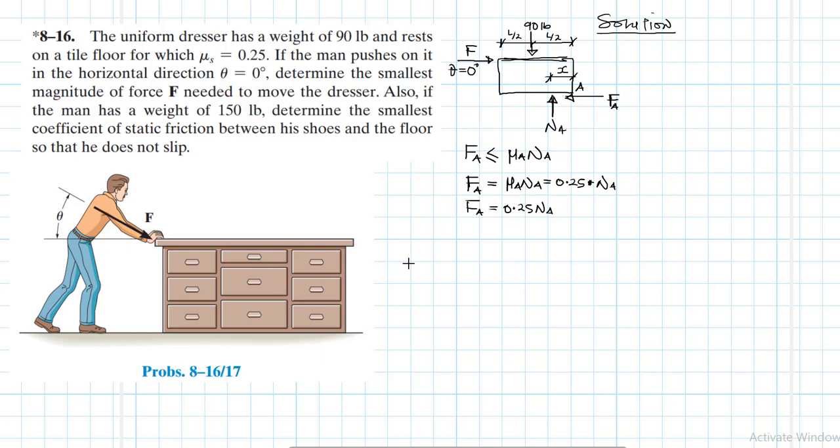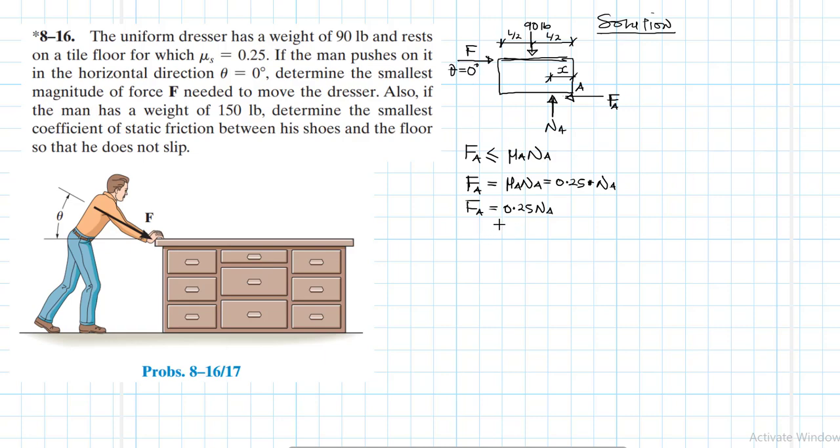This is the condition at which the dresser is impending to move, or impending motion; it is almost about to move. This is the condition that we are going to invoke to determine the minimum force F.